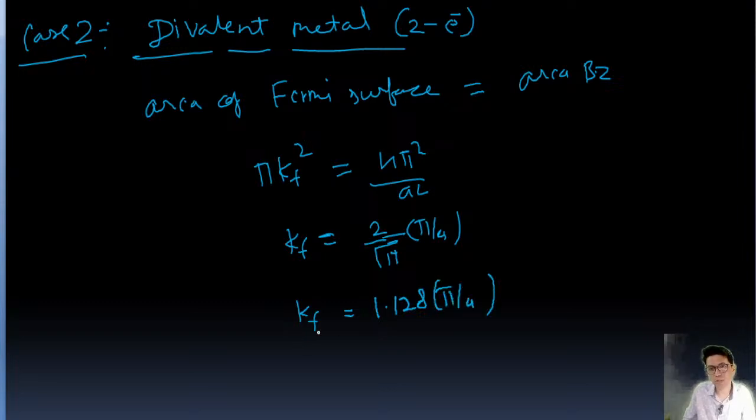This is the radius of the Fermi circle, that is circular, in the case of divalent metal.